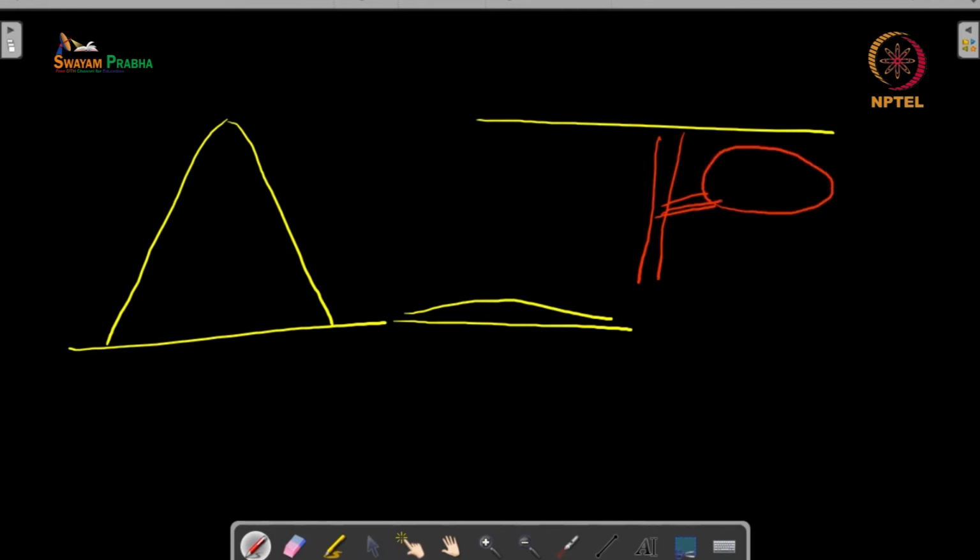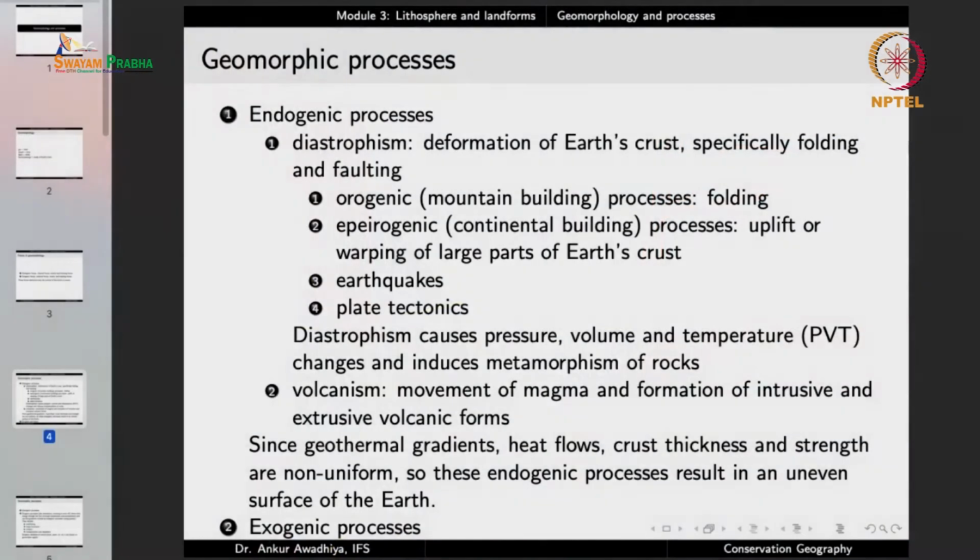When the magma is accumulating here, there will be an upward force, because the voids are getting filled with magma and there is even more pressure trying to fill up the voids. And so, the Earth's surface will also start to protrude. We do not have an igneous rock here, it is just the Earth's crust that has gone up. So, we can have different kinds of landforms that are created because of volcanism, because of movement of magma and formation of intrusive and extrusive volcanic forms.